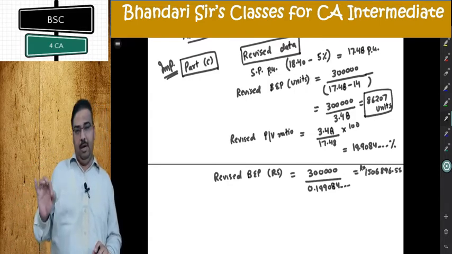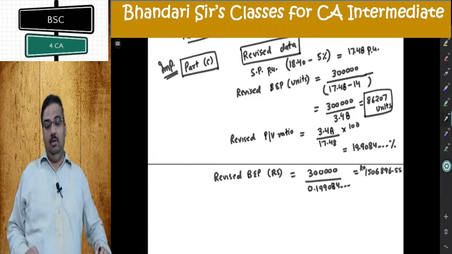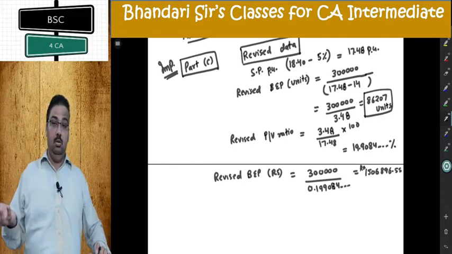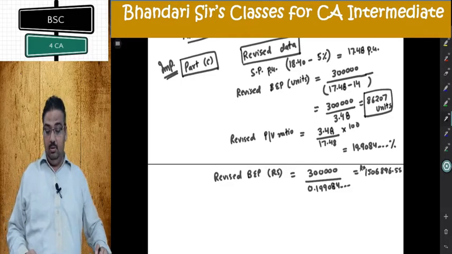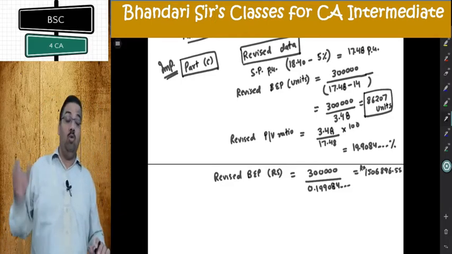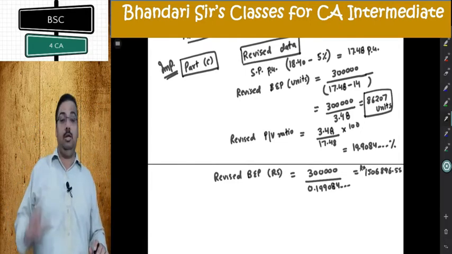If you are reducing price and you want to have desired profit more than budgeted profit, certainly your sale has to increase, quantity has to increase. He is wanting sale revenue at reduced price.